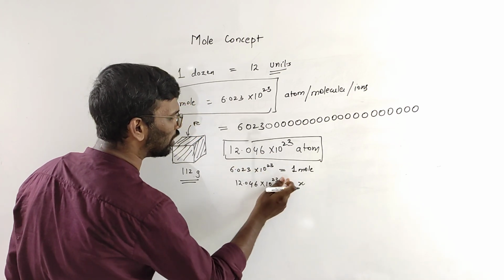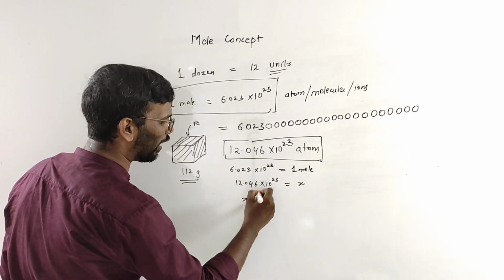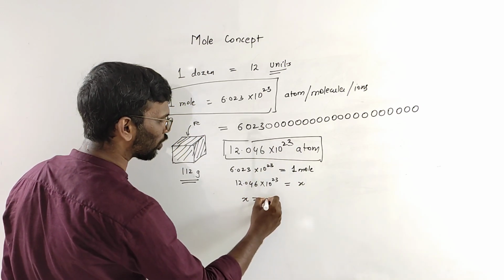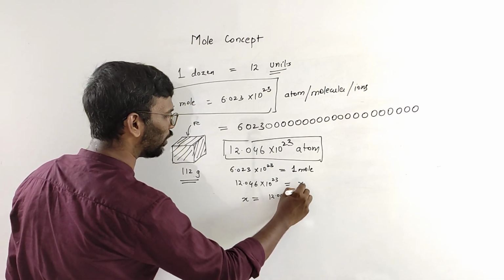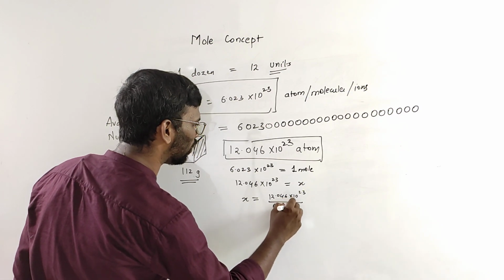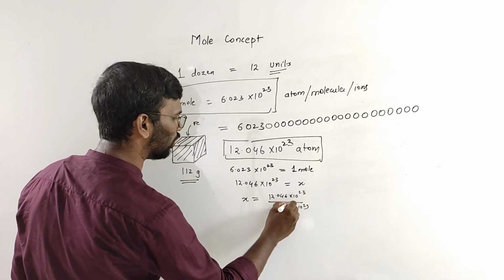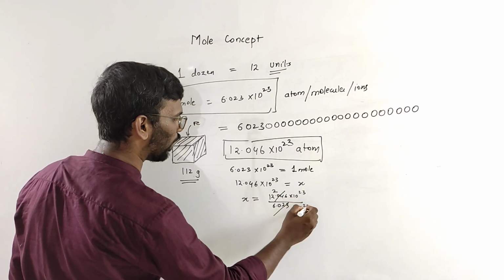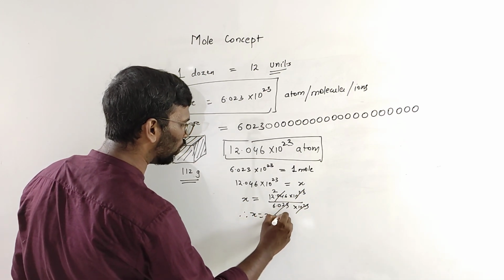And if we do simple cross multiplication, then what do we get? X is equal to 12.046 into 10 raised to 23 divided by 6.023 into 10 raised to 23. The 10 raised to 23 terms get cancelled, and 12.046 divided by 6.023 is 2. So X is equal to 2 moles.